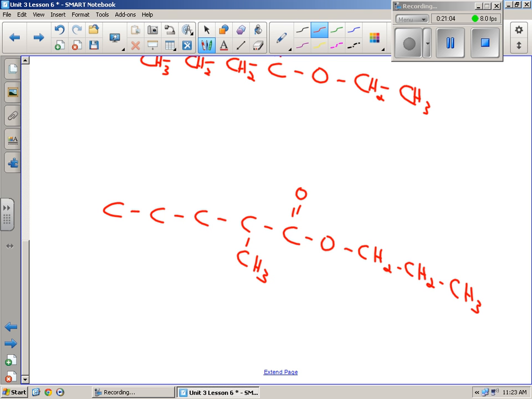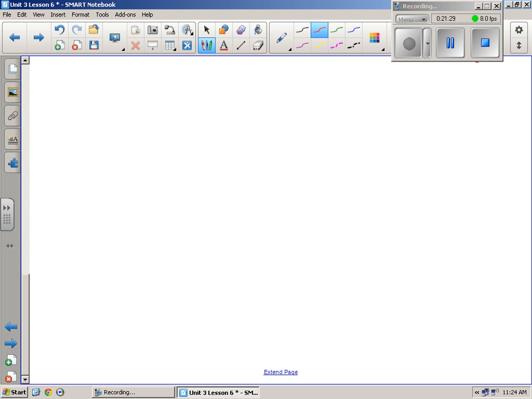Fill in the rest with H's, of course, and then we're good to go. So that's propyl, right-hand side, which comes from the alcohol, and 2-methylpentanoate. All right? Good?